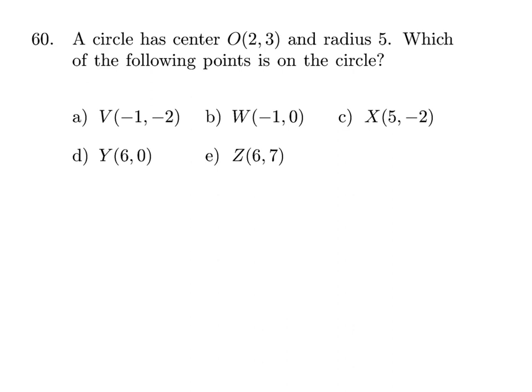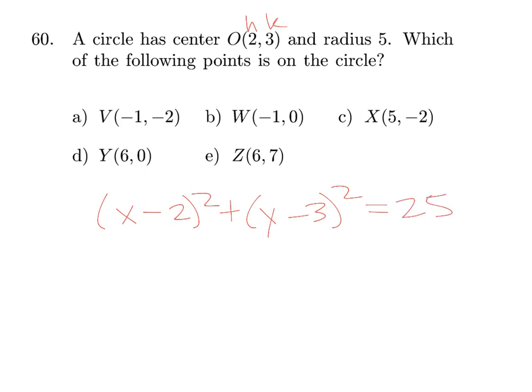A circle has center 2, 3 and radius 5. This is your h, k. Which of the following points is on the circle? Here's the equation for a circle: x minus h squared plus y minus k squared equals r squared. So 5 squared, which is 25.